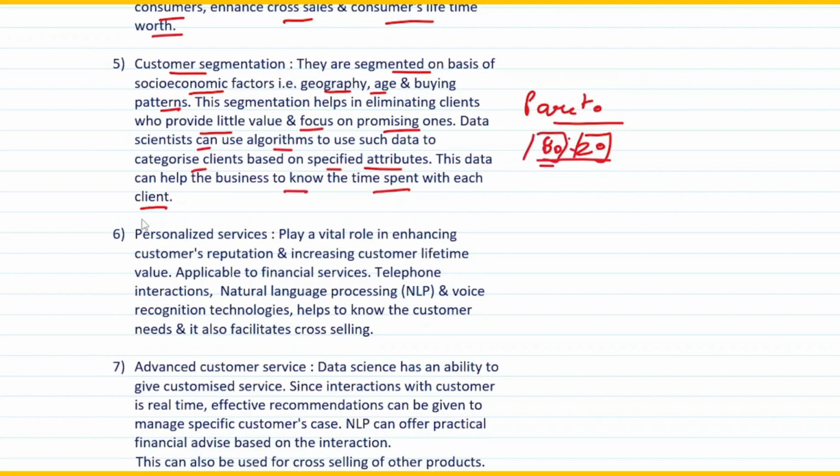You would have seen that even if you study your syllabus, if you concentrate on 20% of your syllabus, maybe that will be the major chunk of your entire syllabus. Same it works in business also. If you concentrate on the top 20% of the customers, they will bring you 80% of the business. So that is basically the 80-20 rule, the Pareto analysis that we talk about. Similarly is the case with customer segmentation also, right?